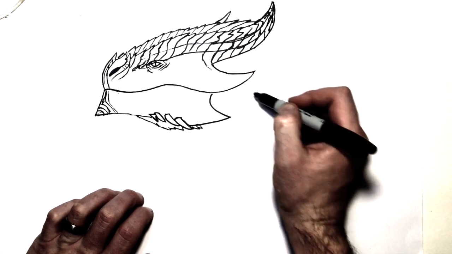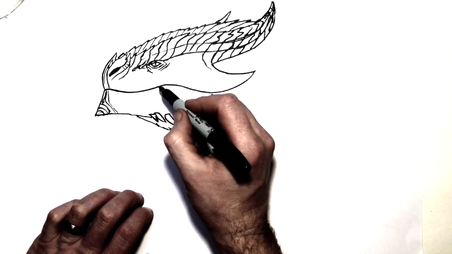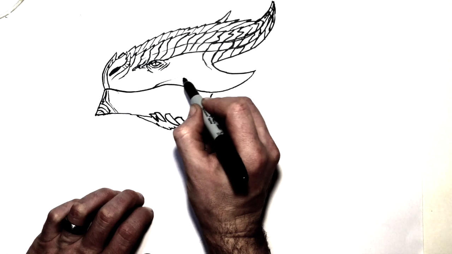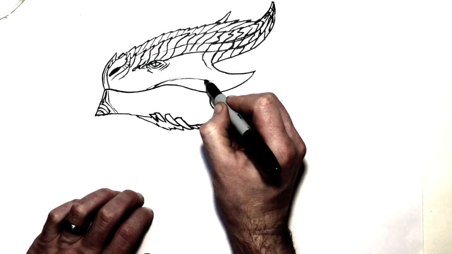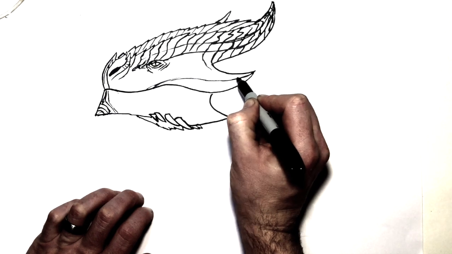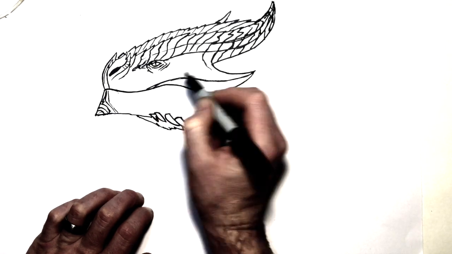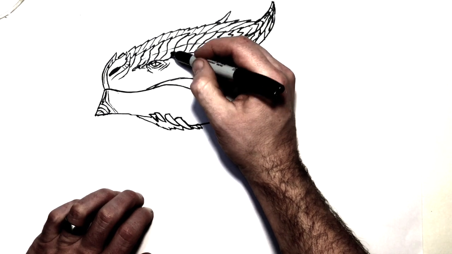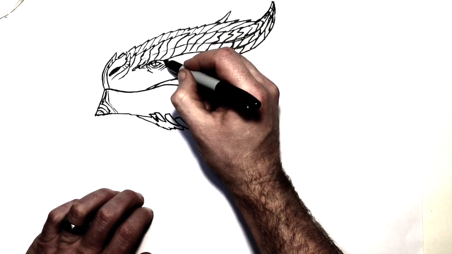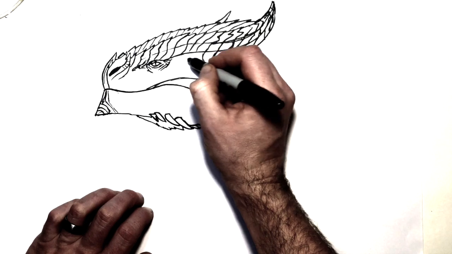And then some of these are going to connect to the medium one that's here. So we'll do just a little line that comes up from his mouth and joins the top of this medium horn that's on his face. And then these will start to connect with the top one. So we'll add some more of those lines.